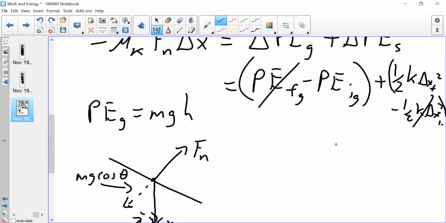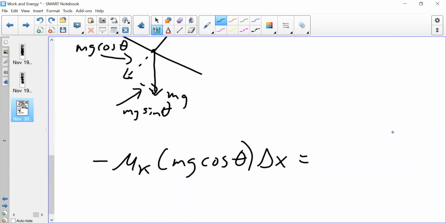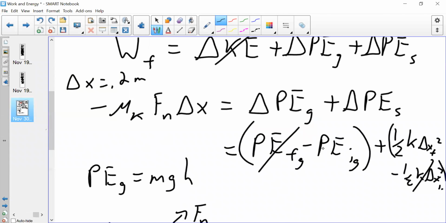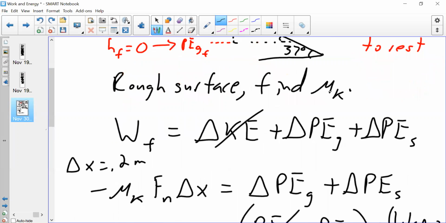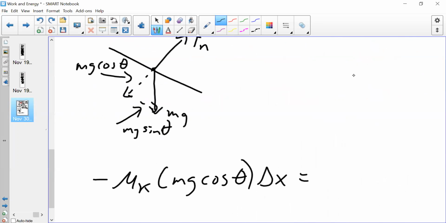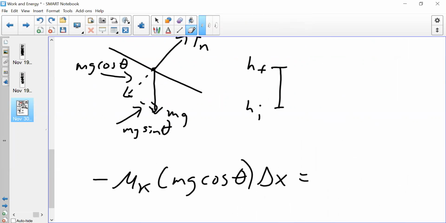All right. Then we have to get the height of the block. So we have a right triangle situation here. We have H final, H initial, actually it's going to be the other way around because we're going from top to bottom.